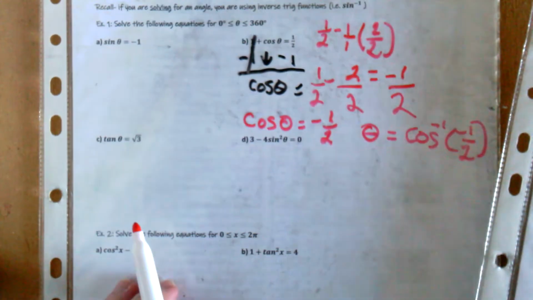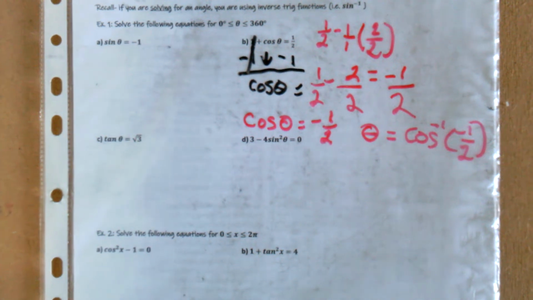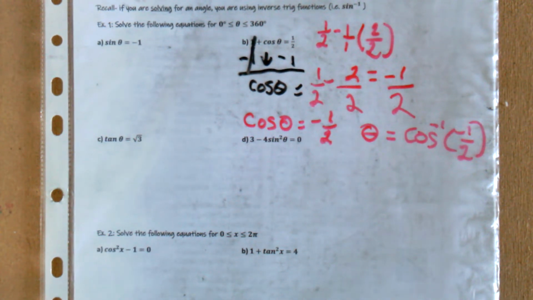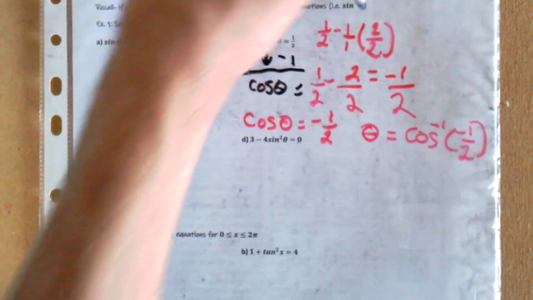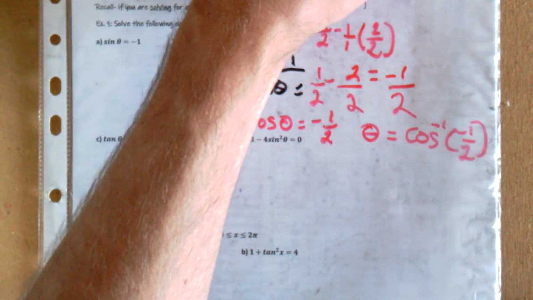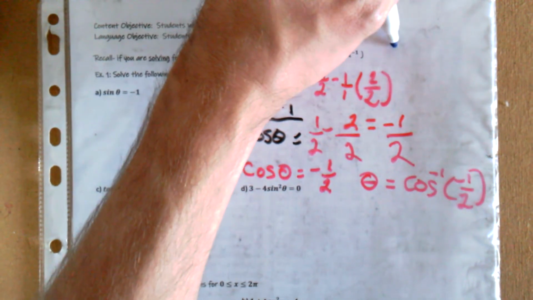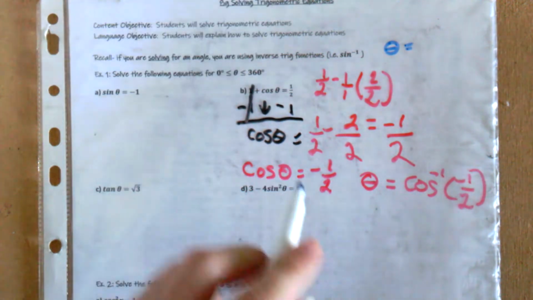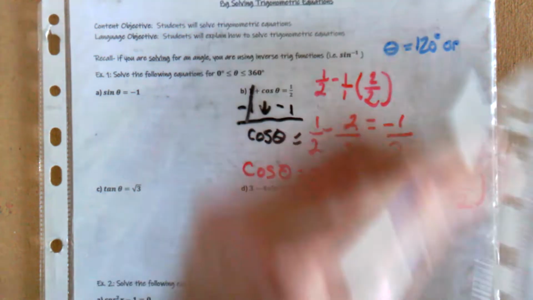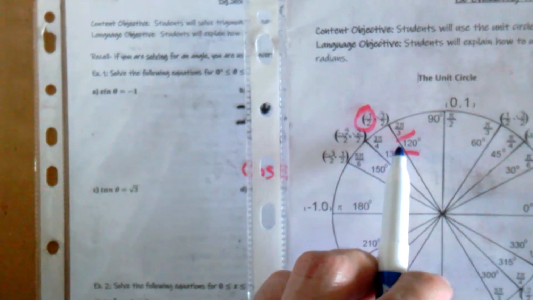Let's go ahead and write that. I'll write our answers in blue over here. So our angle theta can be 120 degrees, which is the same thing as 2 pi over 3 radians.